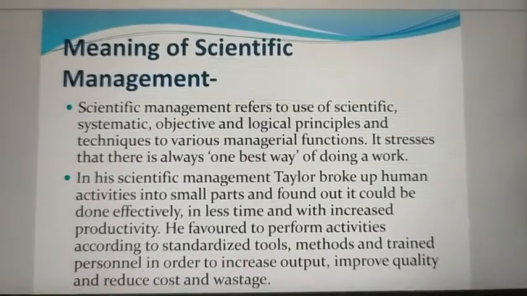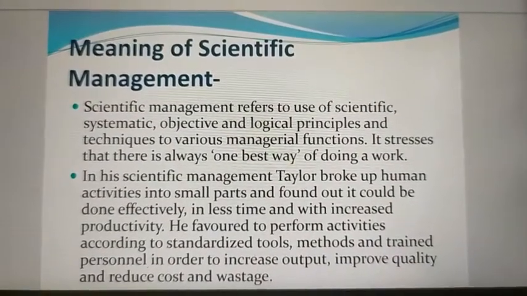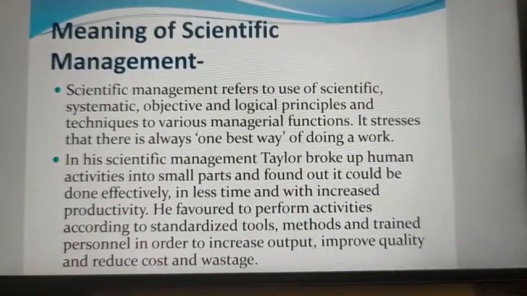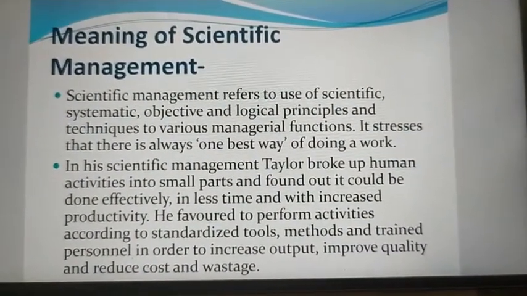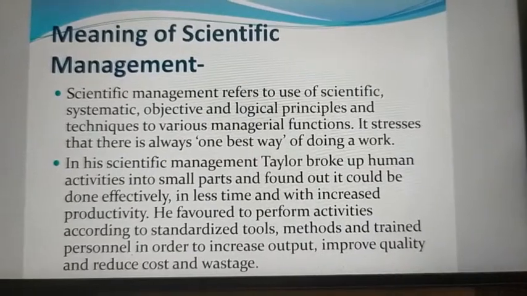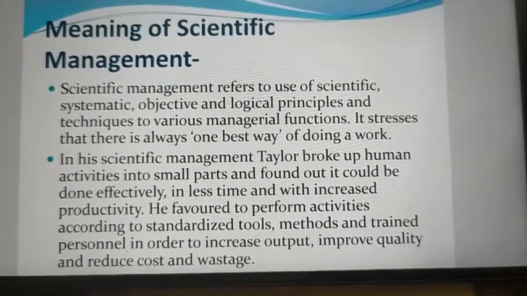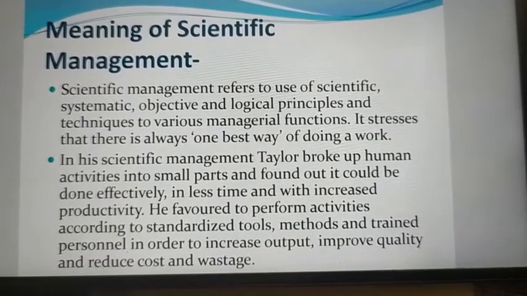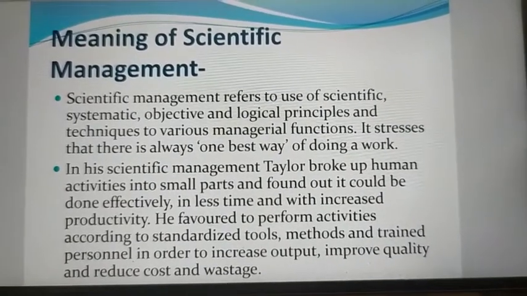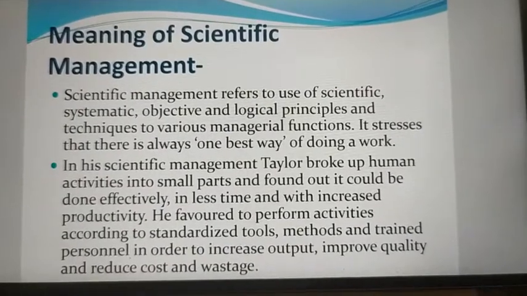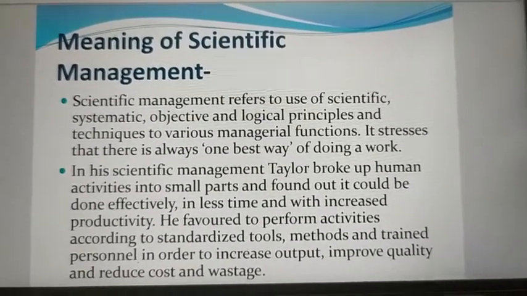So that is what scientific management is about. That is to apply science for each and every element of management. And at the same time, he also stressed on applying the scientific tools and methods in order to increase the efficiency and output. He has insisted on not sticking to the traditional methods and applying the same traditional methods blindly.